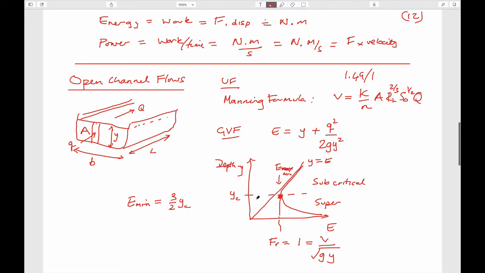So this point is related to the Froude number and the minimum energy through that.